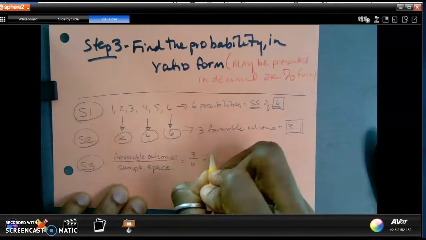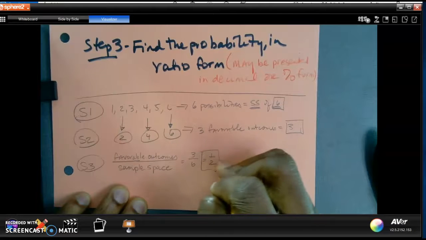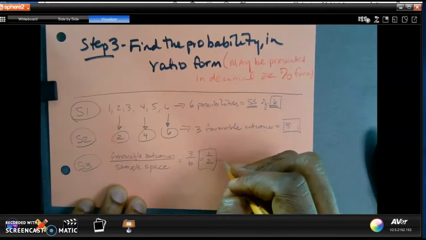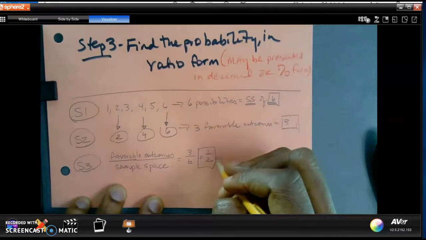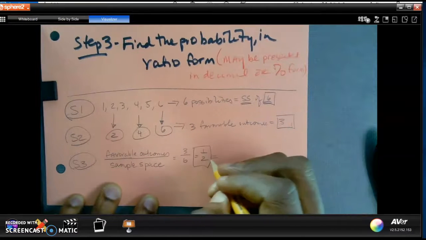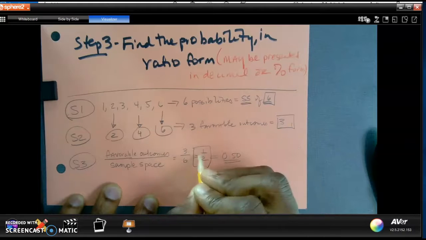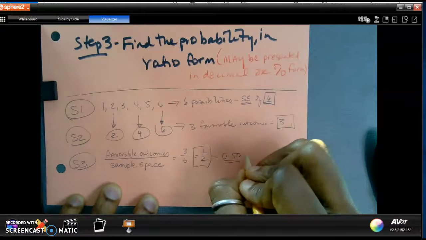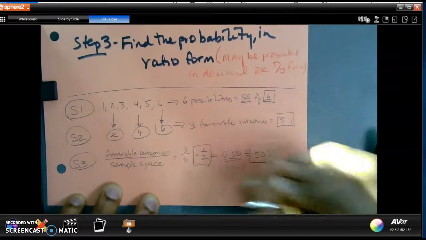That's going to simplify using common factors to 1/2. Now what does that equal? If you are having a hard time converting between decimals, fractions, and percents, go to my video on fractions, decimals, percents. This would equal 0.50. If I were to divide 1 divided by 2, it's going to give me that. I then can convert that to a 50% possibility.